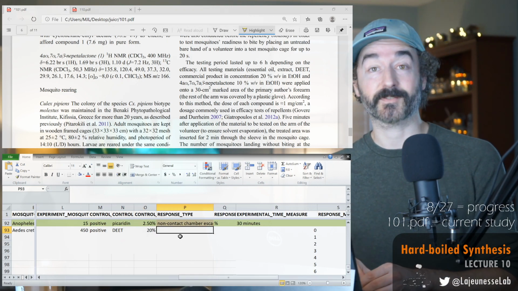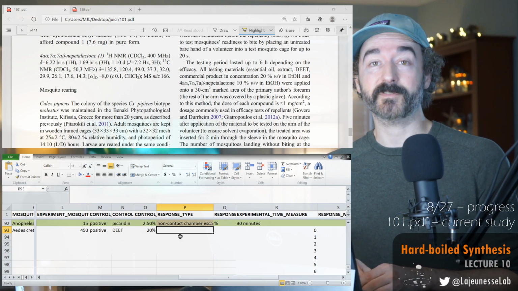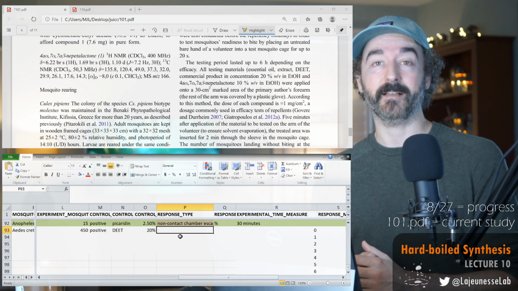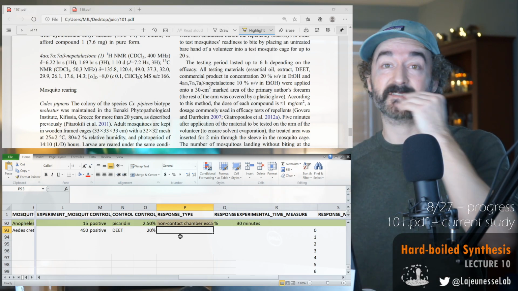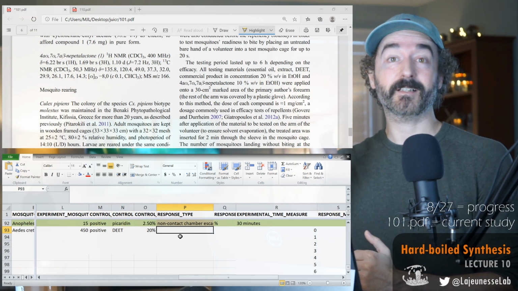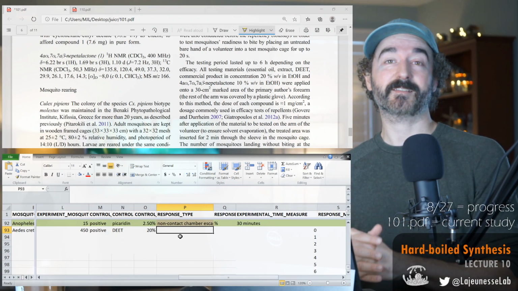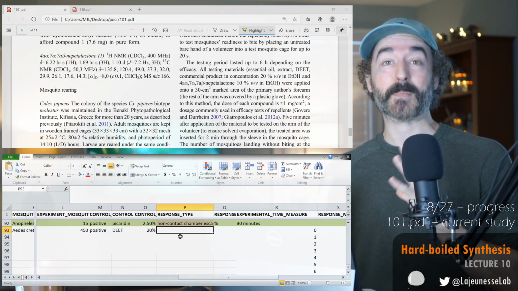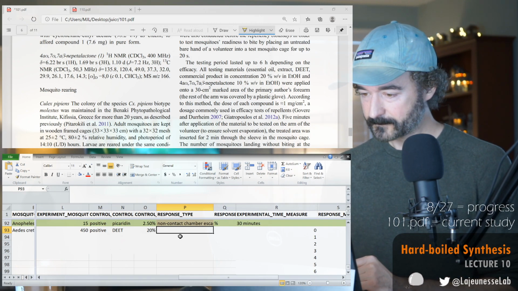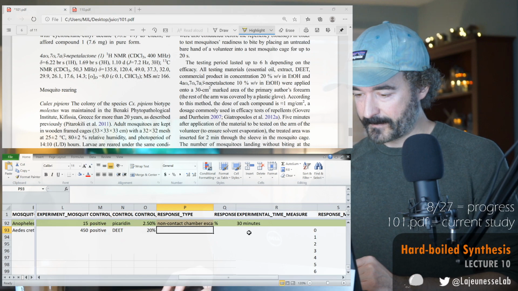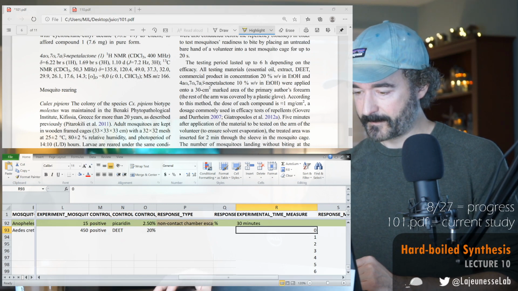I think this is the first positive controlled DEET study that actually uses DEET at a suggested level. 20% is near the suggested concentration for maximum efficacy and repellency, right?